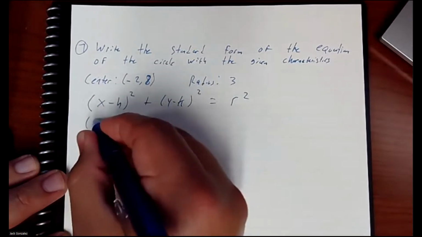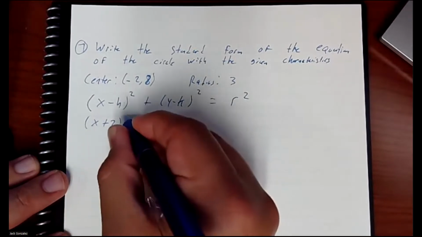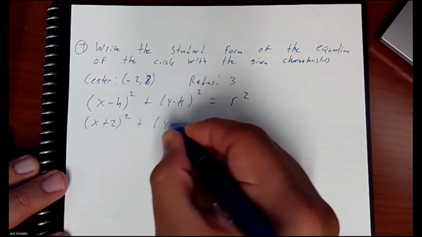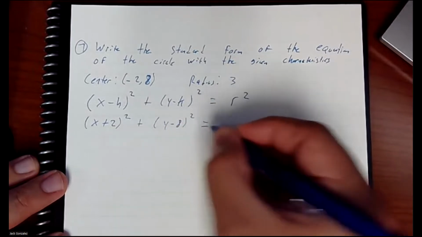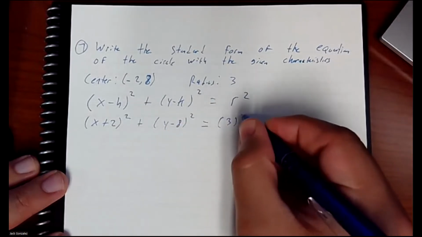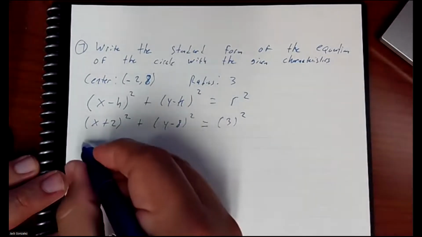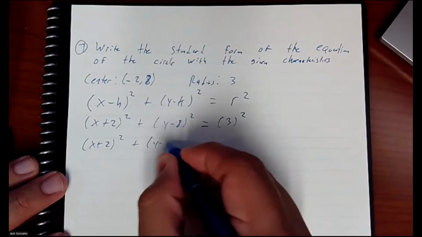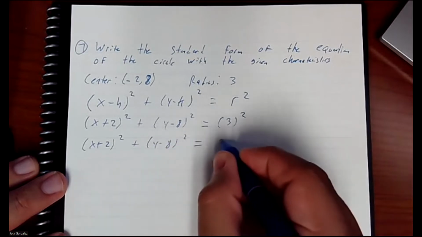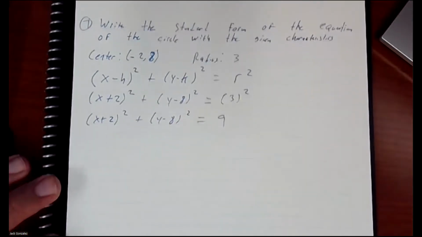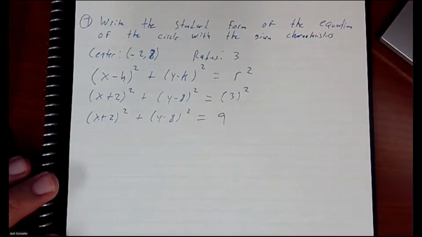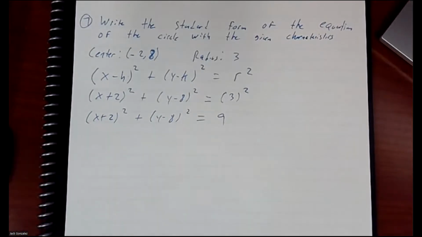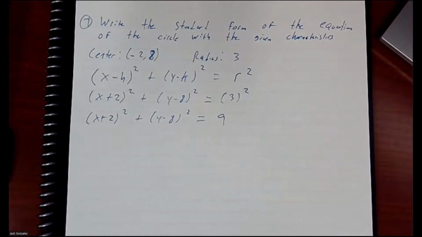So our answer will be x plus 2 squared plus y minus 8 squared equal to 3 squared. And that's it. If you're given a center and a radius, you're just basically plugging it in, honestly.